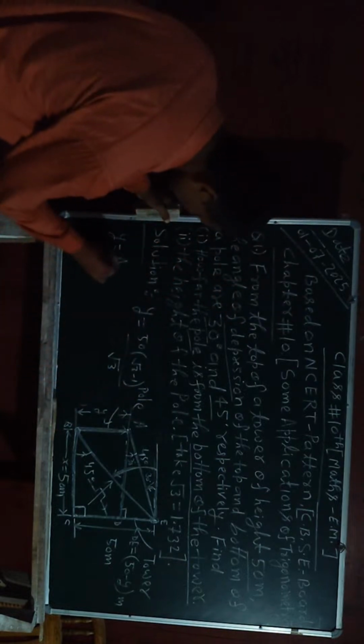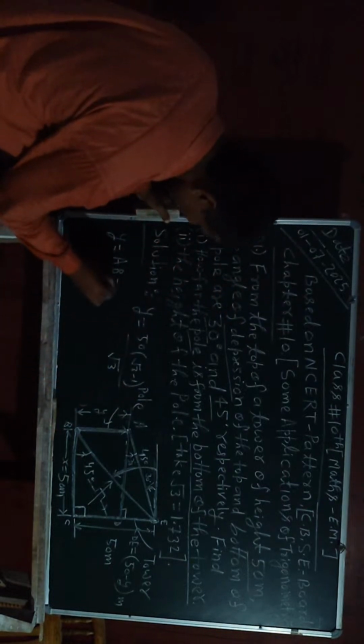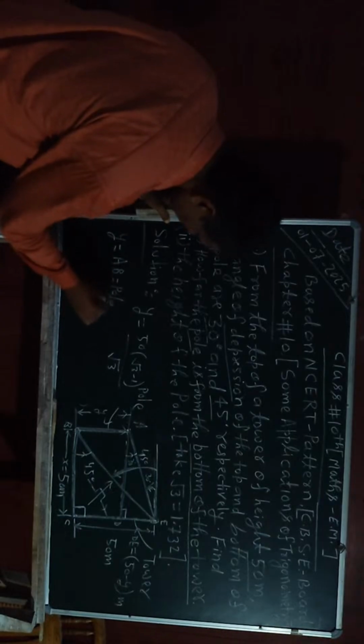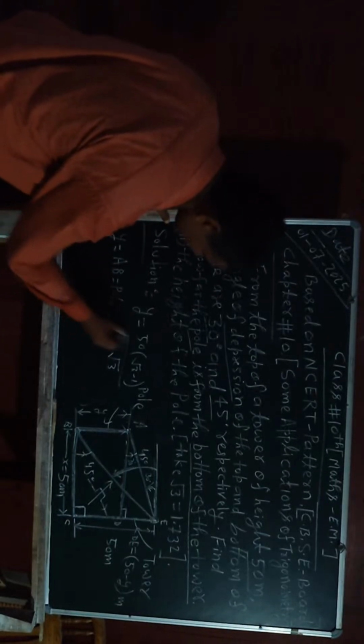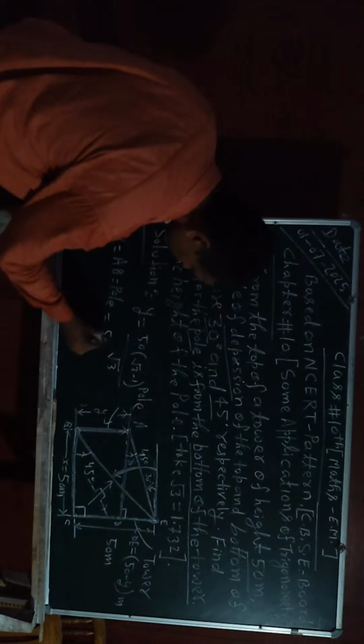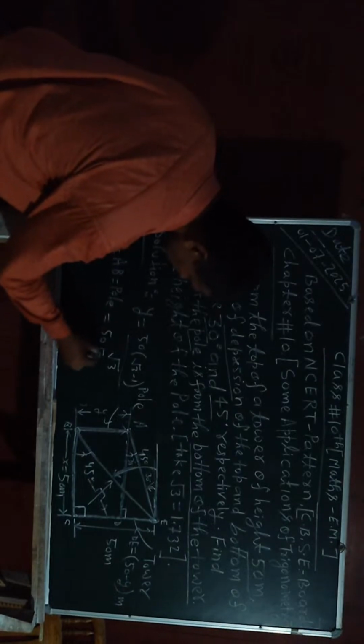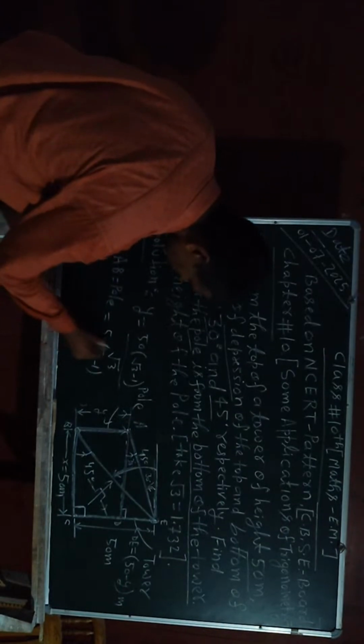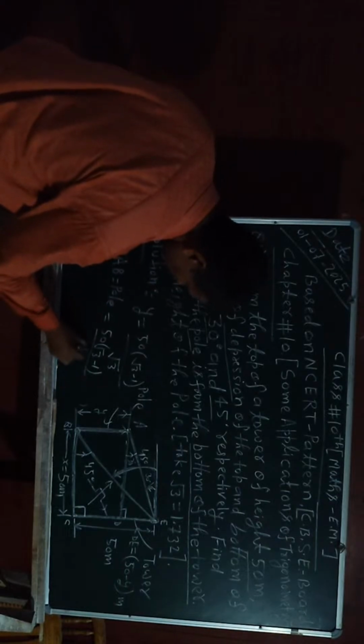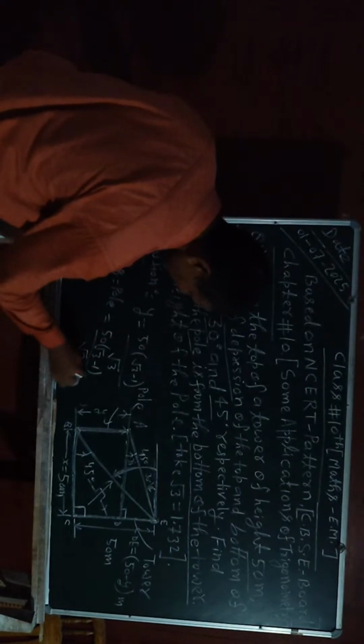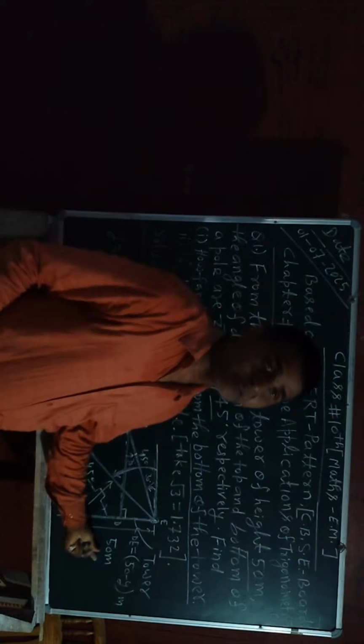That pole is AD, and AD is also known as the pole height, and that height is written here as 50 root 3 minus 1 over root 3, and its unit will be meter, because the length unit given here is meter, so I will use meter.